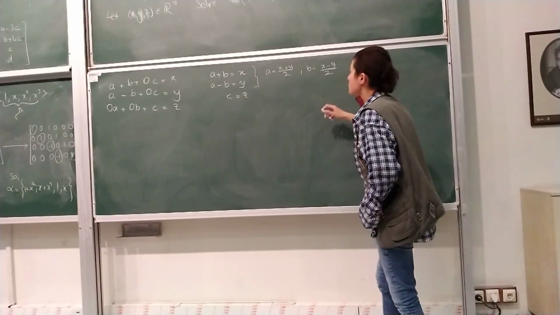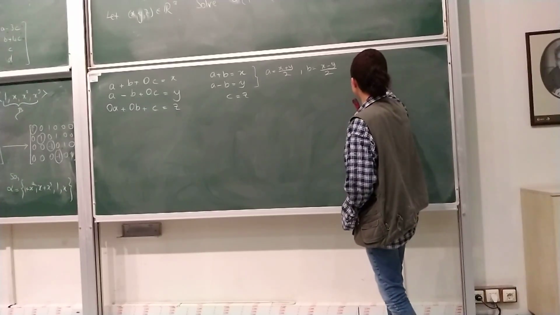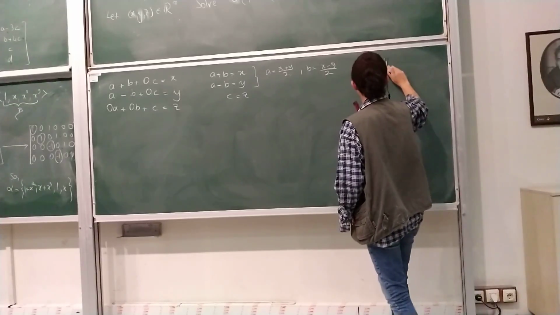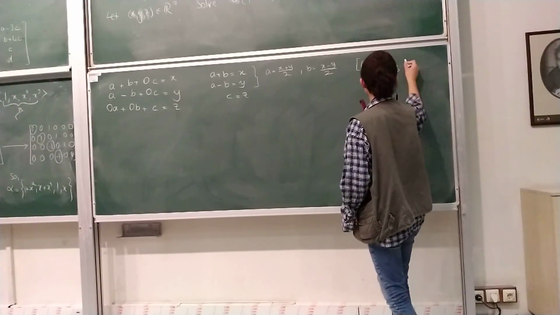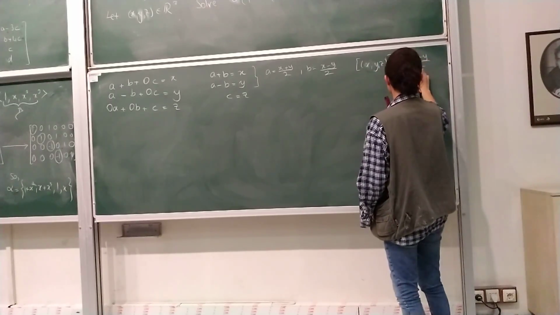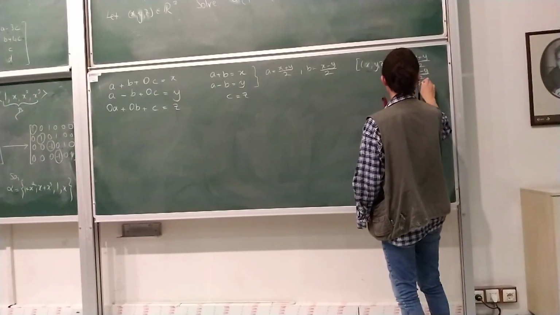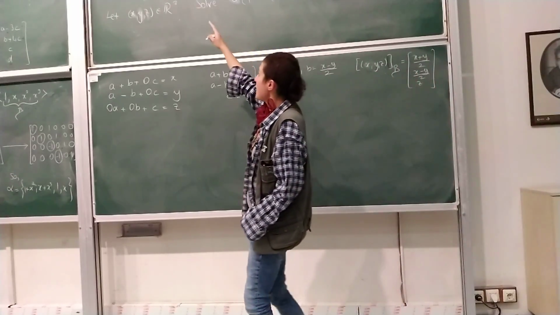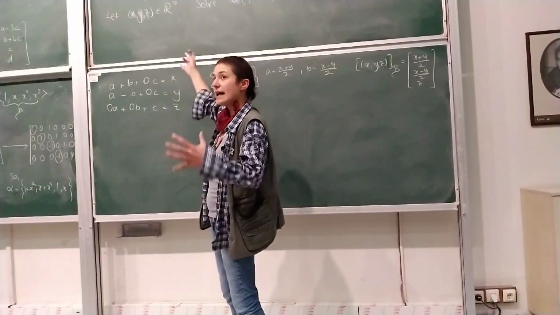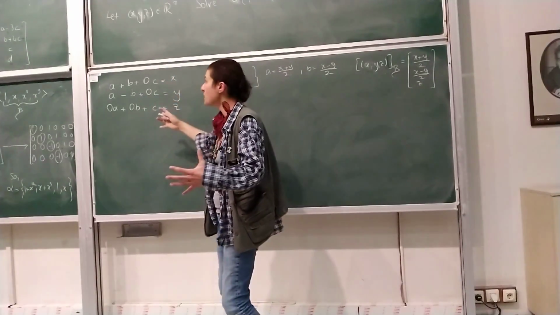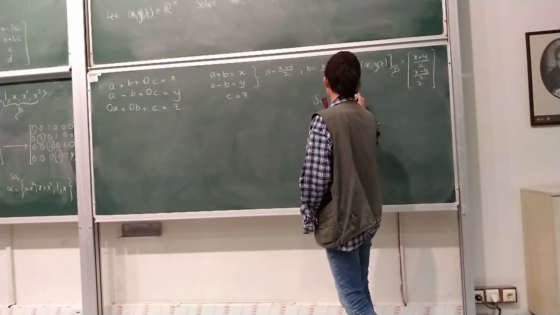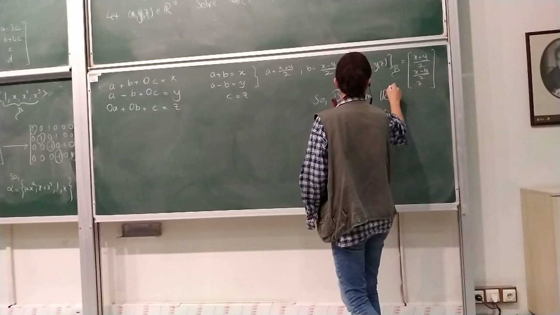So this system tells you that the coordinates of X, Y, Z in B are (X plus Y) over 2, (X minus Y) over 2, and Z. So this actually means if you multiply 1, 1, 0 by (X plus Y) over 2 and do it accordingly and add them up, you get the vector X, Y, Z for any X, Y, Z. So B spans R cubed.